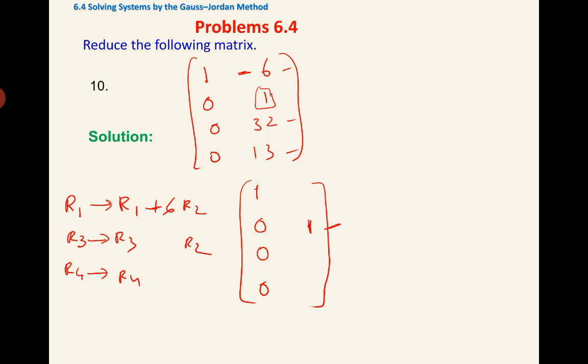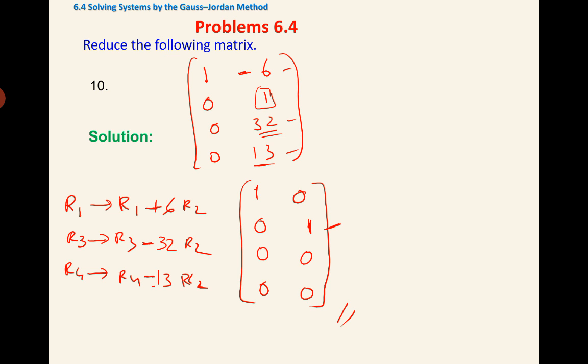We need to use R2, in which the leading element is there. The number to be multiplied is the corresponding number of this row. So 32 minus 32 R2 here, minus 13. If this is positive, write negative. If this is negative, write positive. That's it. Now you operate them term by term, and you will get zeros here.